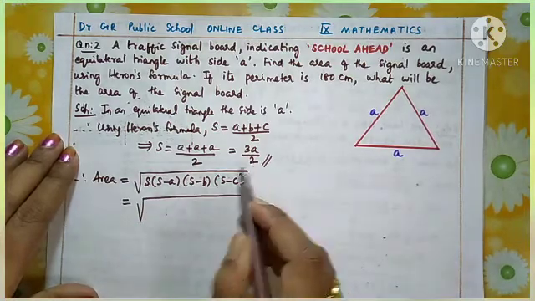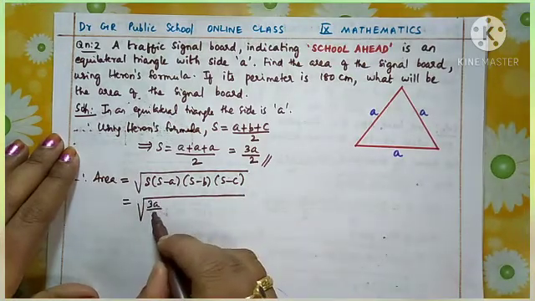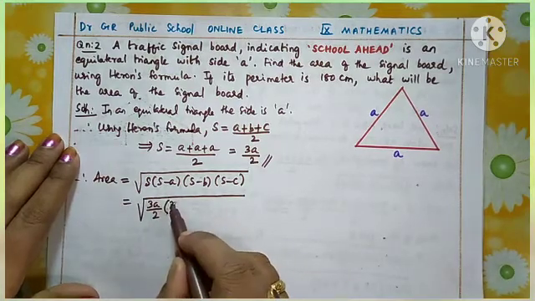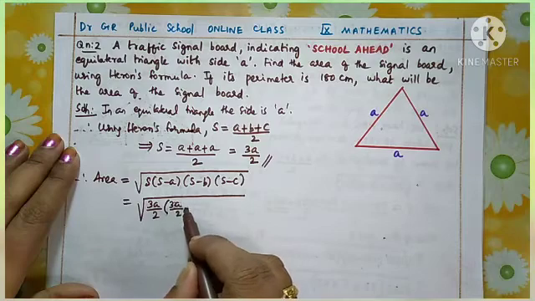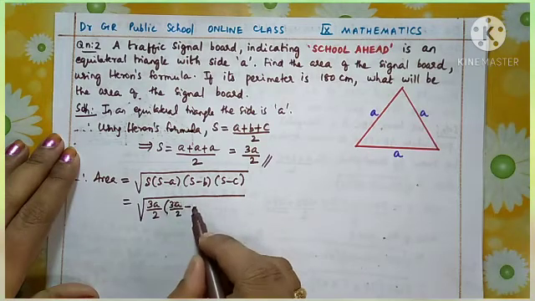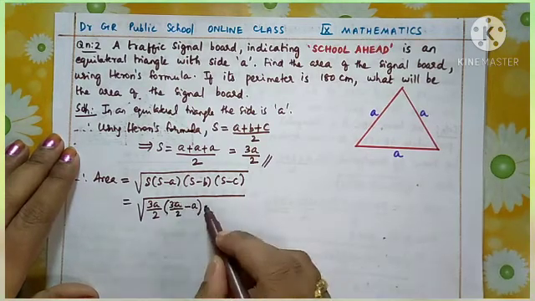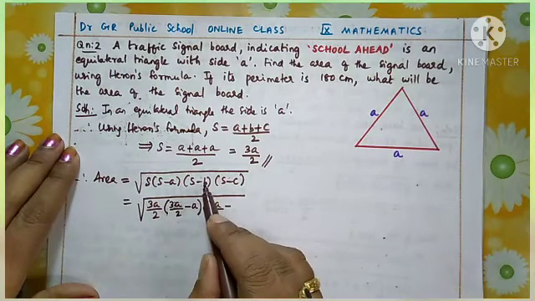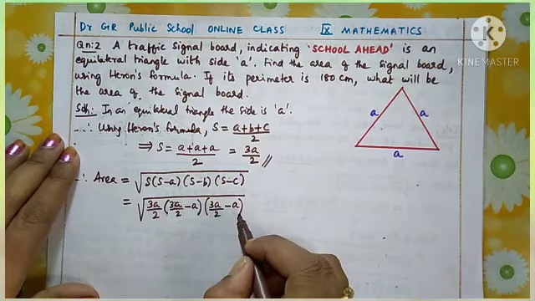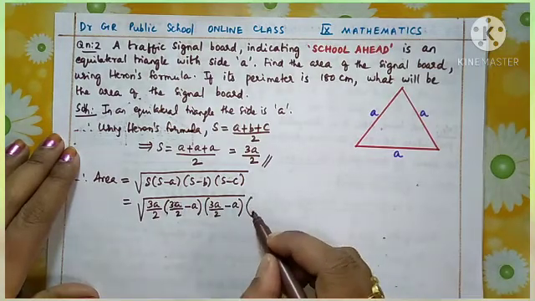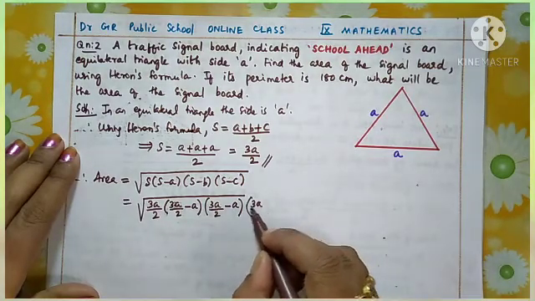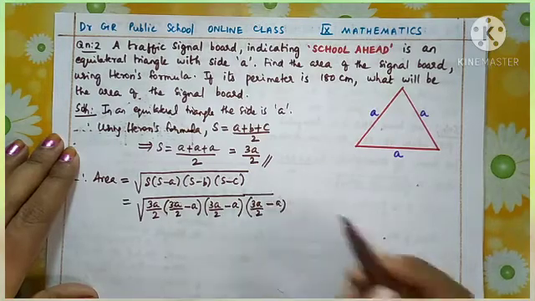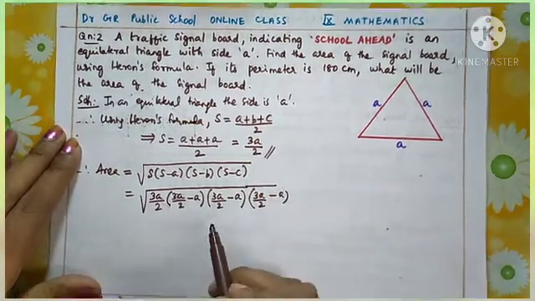Yes, what is the value? 3A by 2 into, again the value of S is 3A by 2 minus A, the first side, close the bracket, then again 3A by 2 minus B, also here it is A, and the third bracket 3A by 2 minus the third side, also A. So we gave all the values.